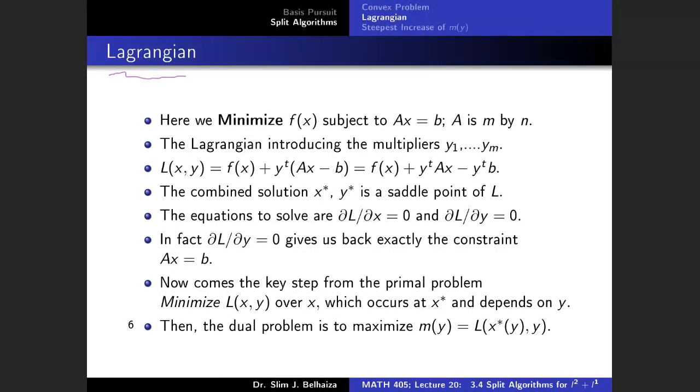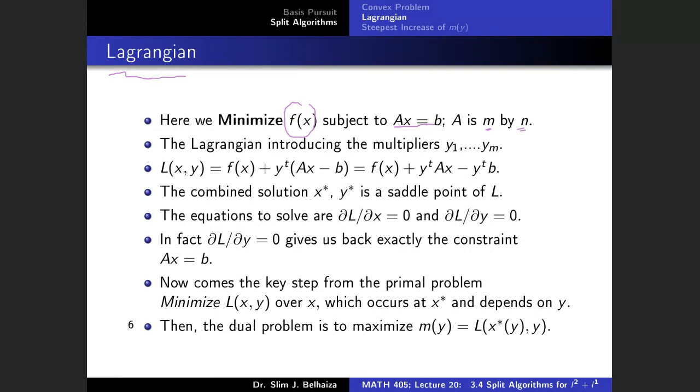So we define what you call the Lagrangian. Here we minimize f of x subject to Ax equals b. In general, of course, the Lagrangian works not only for linear conditions and linear functions, where A is a matrix which is m by n.